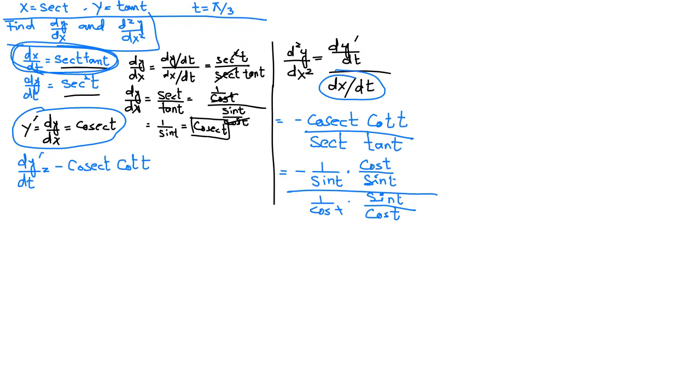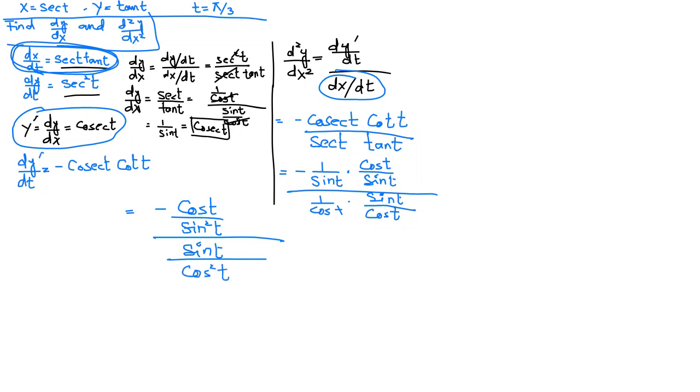If you simplify, this will become minus cosine of t divided by sine square t, divided by sine of t divided by cosine square t.